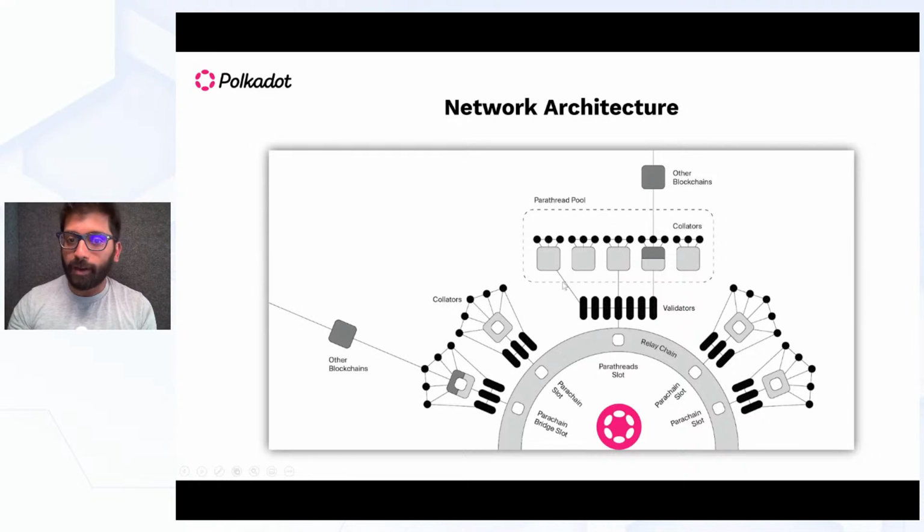And this particular part, the parathread pool, is an interesting concept. All these parachains are guaranteed throughput on the relay chain, so when they submit a block, the relay chain accepts that block. If you don't want to win this particular slot, you as a project have an option to become a parathread.